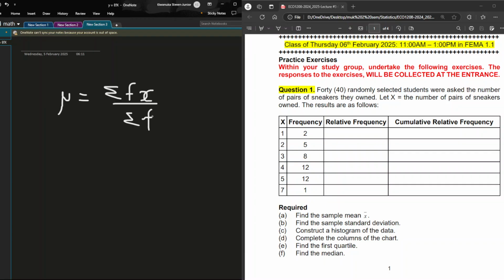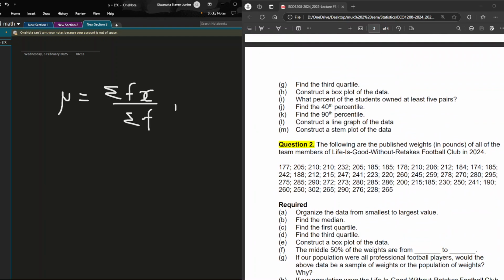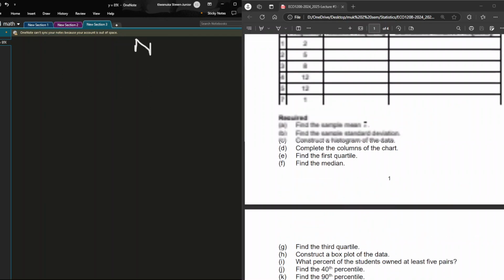However, there are situations where they give you lots of numbers with no frequencies. If you have to find the mean, you will not apply this, but you will use mean equals the summation of the x values out of n, representing how many they are altogether. So that is very essential to note.